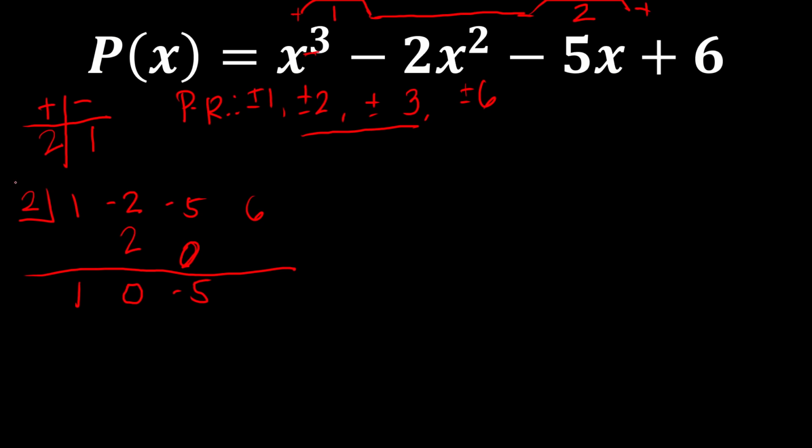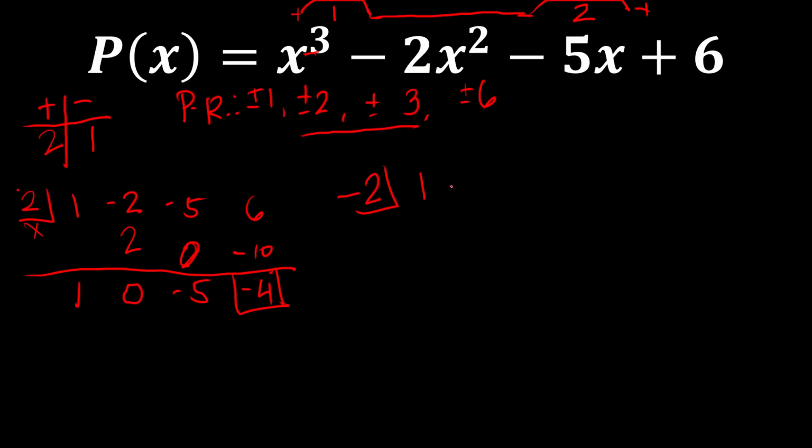And negative 5 times 2 is negative 10. 6 plus negative 10, negative 4. Since there is a remainder, so this is not a correct answer. This is positive 2.